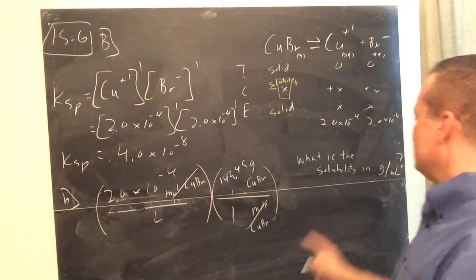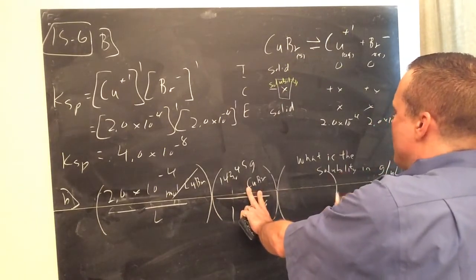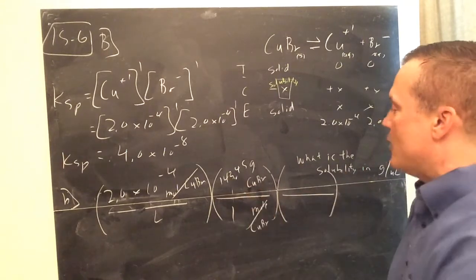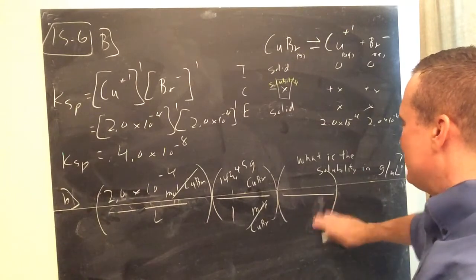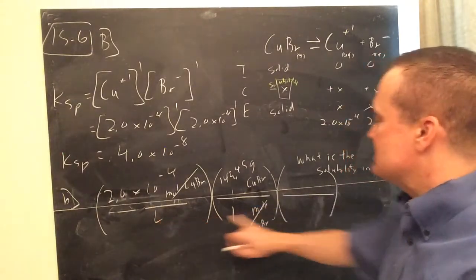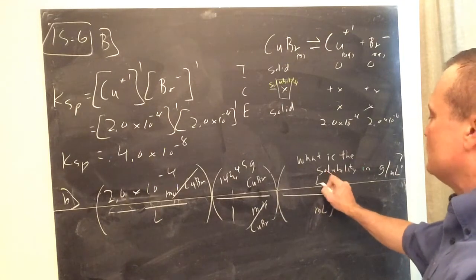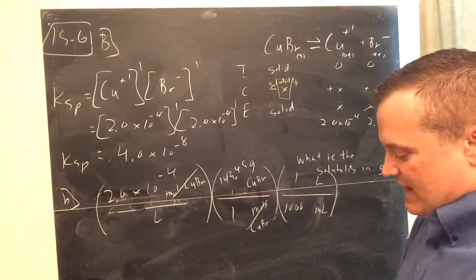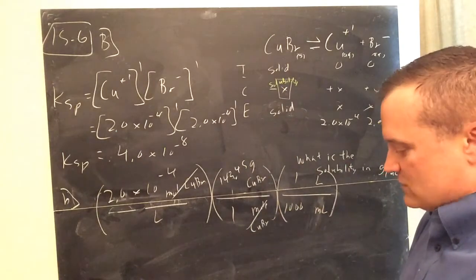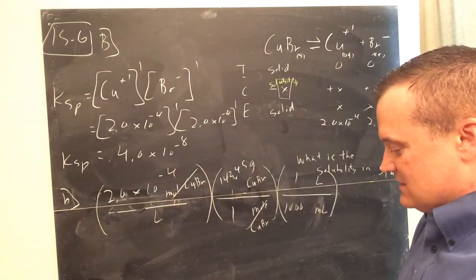But I said let's get it in gram per milliliter. So they can give you either way, gram per milliliter, or mole per liter. That's why I'm doing this. Now I'm going to change liter to milliliter. Instead of having liter on the bottom, I want to have milliliter on the bottom. That means liter on the top, 1 in 1,000 there. So multiply those and divide by 1,000. 2 times 10^-4 times 143.54 divided by 1,000.